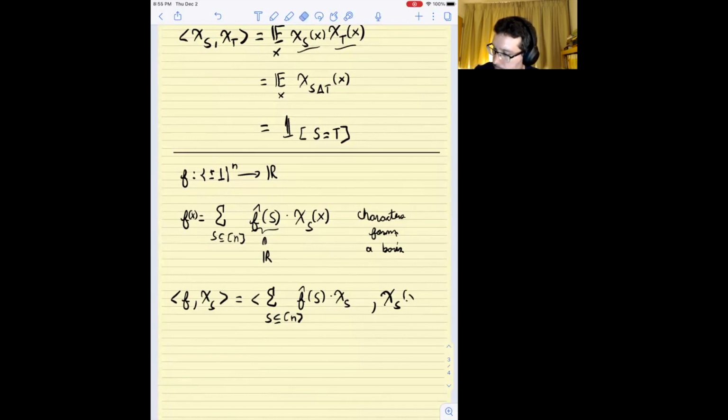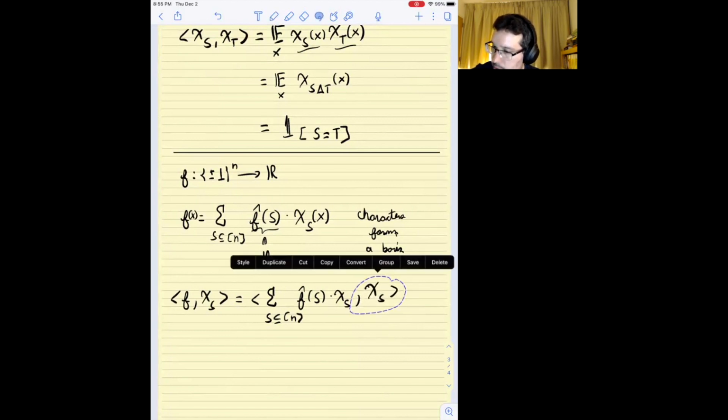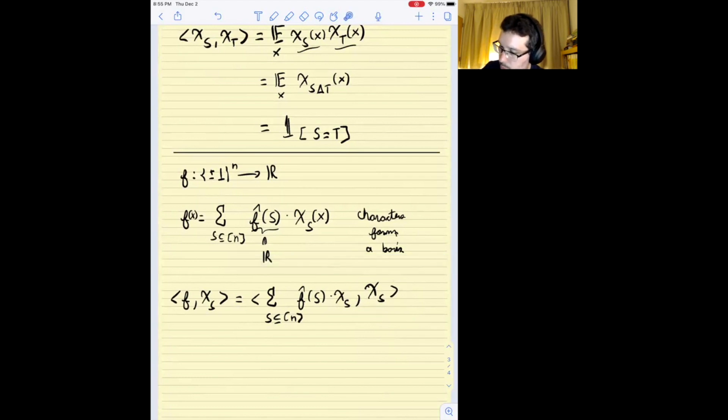Let's suppress this part. Very good. So we have this inner product. The inner product is linear, right? So we can move the summation to the outside. We need to change the name of the variable to not conflict with this one, because we're summing over all possible choices of s, and this s is fixed. And the only term that is going to survive, because the characters are orthogonal, right, is when this choice of s is the same as this one.